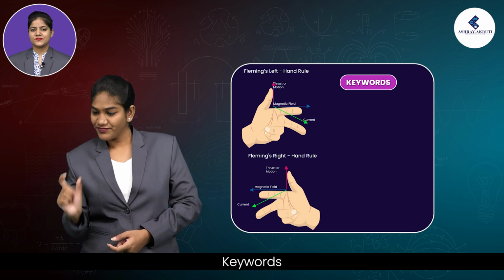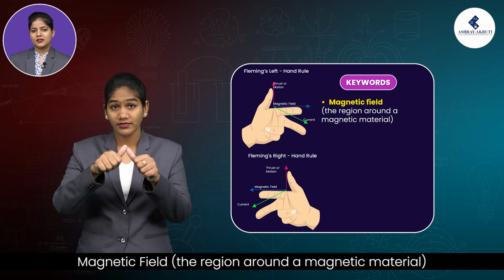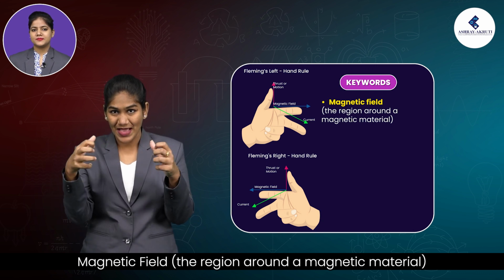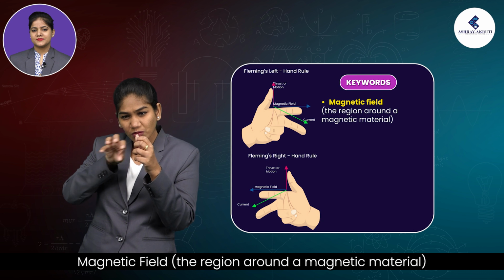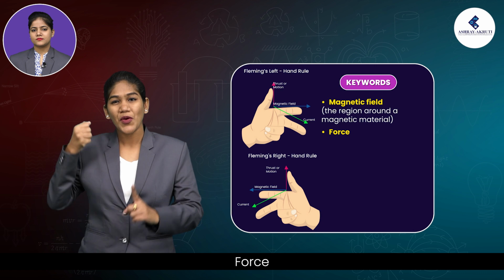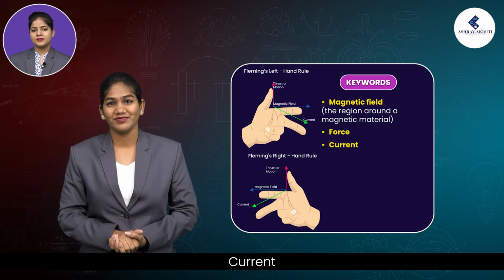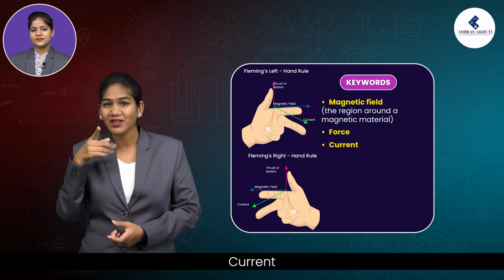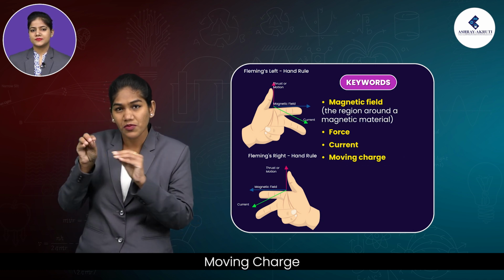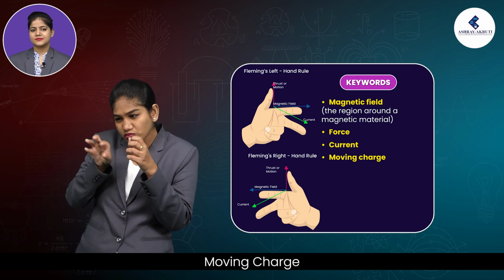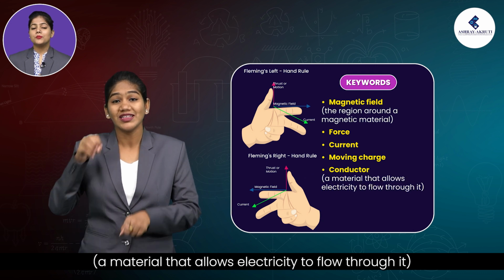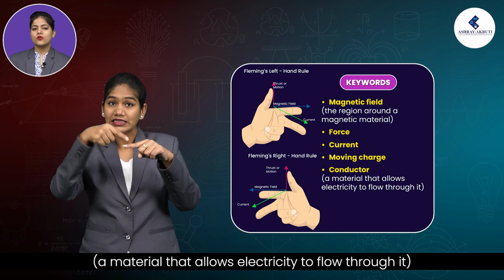Keywords. Magnetic field, the region around a magnetic material. Force, current, moving charge, conductor, a material that allows electricity to flow through it.